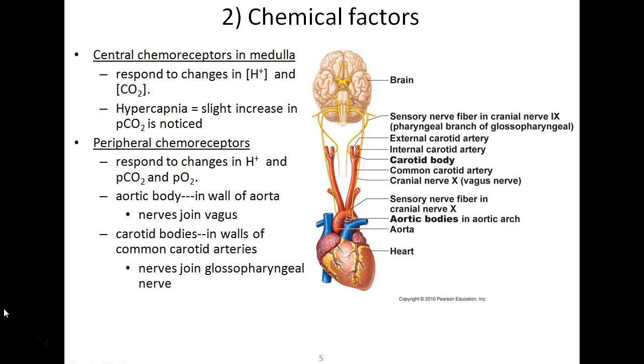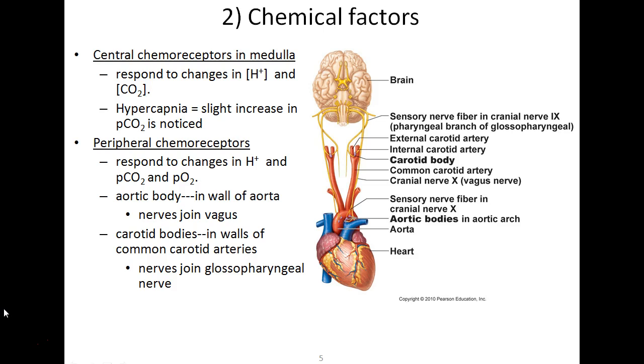In addition to these central chemoreceptors, we have peripheral chemoreceptors, things that are in the aortic bodies or the carotid bodies. These peripheral chemoreceptors are housed within the walls of these blood vessels. And I think we talked about this earlier.